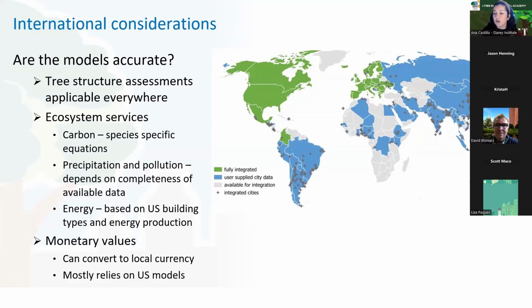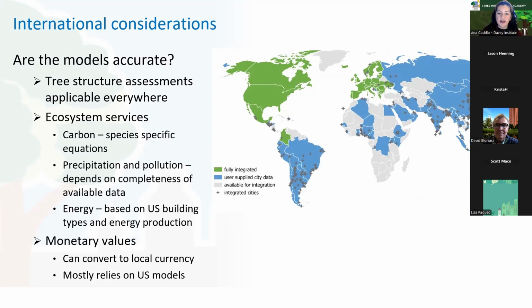Combined with the local information about where those trees physically are, you get pretty accurate results, again as good as the data that you input. And similarly with precipitation and pollution, the estimates relating to those, such as the air quality improvement and the avoided runoff effects, will be as good as the data in the model.